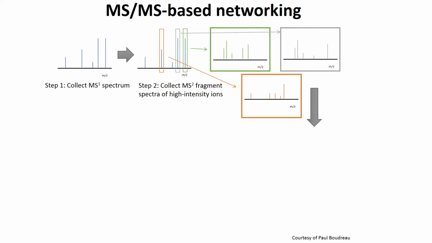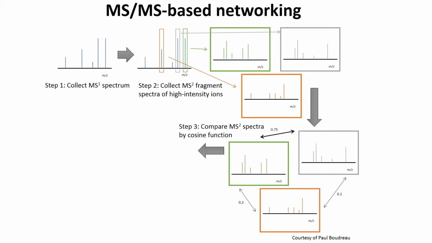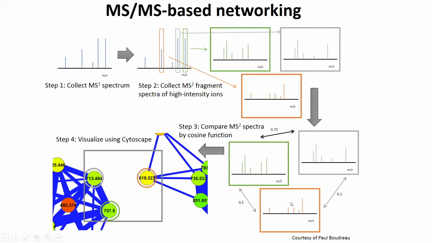And if two of the molecules share similar fragmentation patterns, it's like having two similar fingerprints. And so if you have similar fragmentation patterns, we can cluster you together. We can assign you a score. You're 75% similar. You guys, you're only 20% similar, and you're only 10%. And so we can make these networks of all the compounds in these samples.